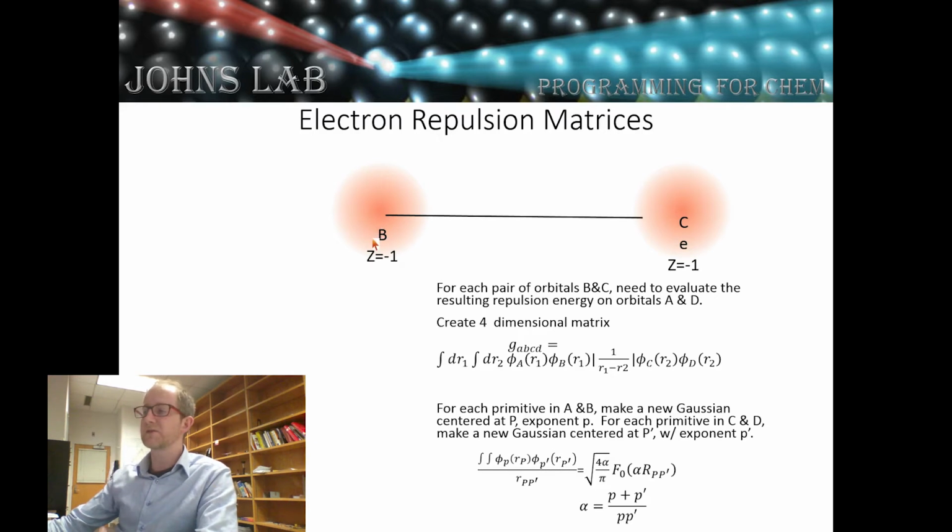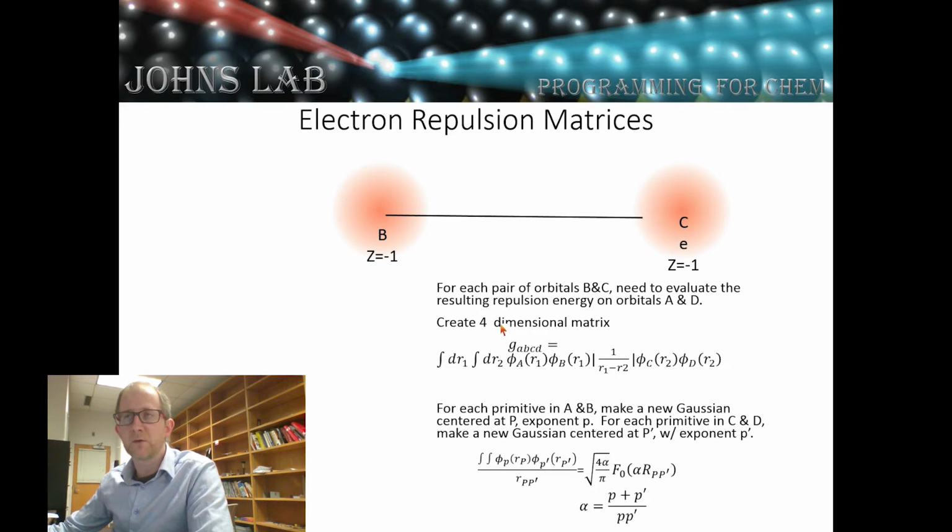And so we're going to need to create a four-dimensional matrix that we're going to label as G_ABCD, for basis functions A, B, C, and D. And we're going to need to integrate over two lengths: R1, which is the distance function from Gaussian 1, and a distance function for Gaussian 2. We're going to be integrating over R1 minus R2. So this is a double integral over all space.